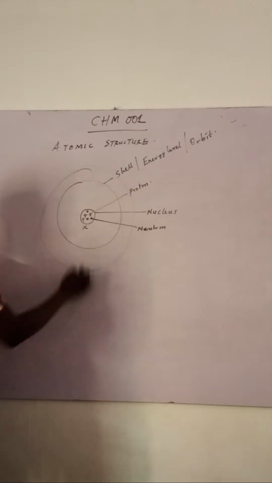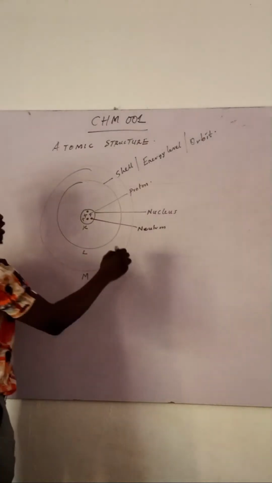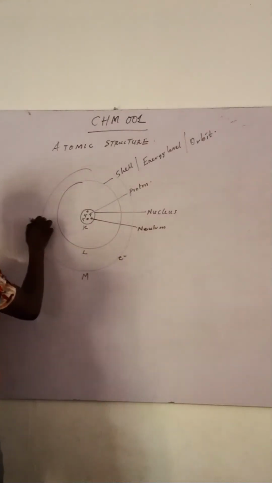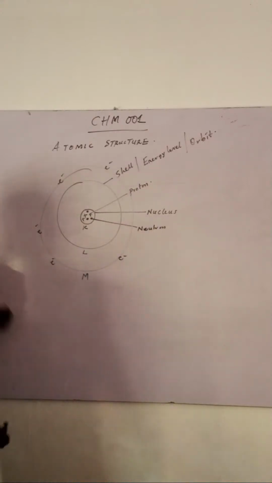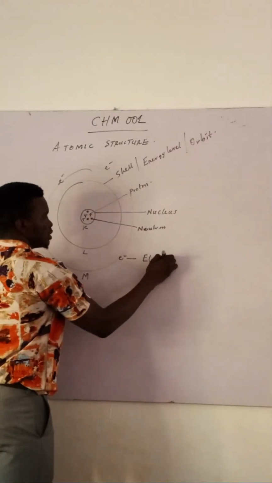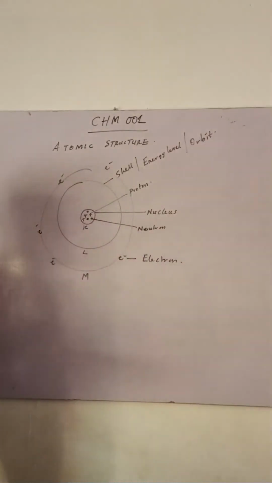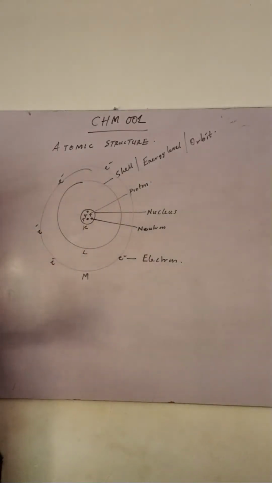We have the K, the L, the M, and so on. So we call it the K, L, M, N shells. Then around these shells or orbits is where you have a particle that carries a negative charge, and that is called the electron. So that is what we are looking at.